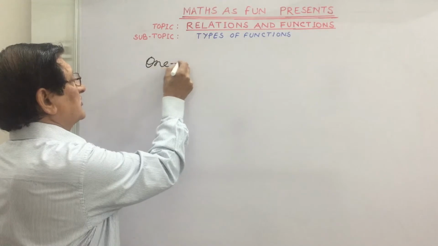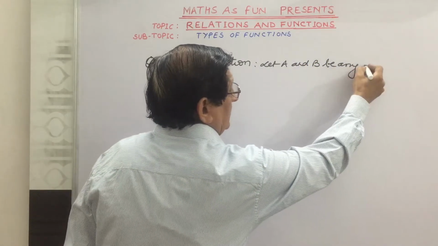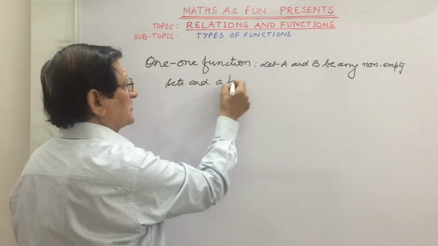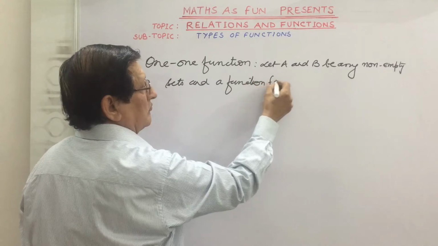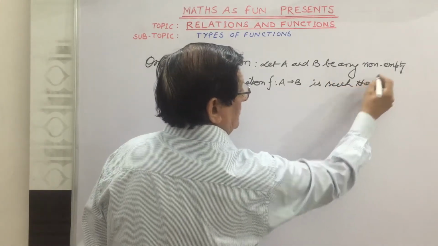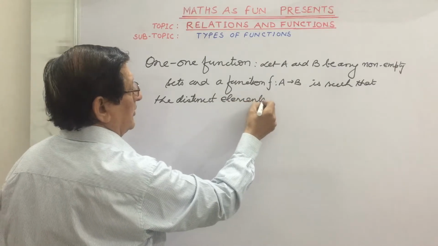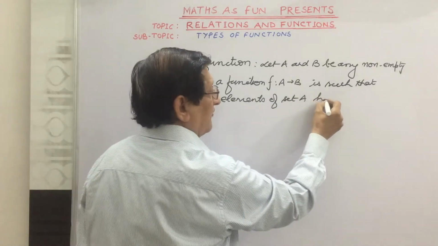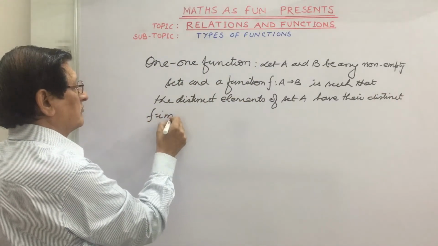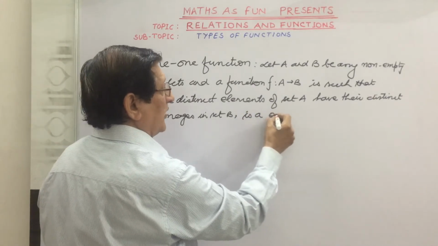Let's learn now about one-one function. Let A and B be any non-empty sets, and a function f from A to B is such that the distinct elements of set A have their distinct f images in set B. Then it is a one-one function.